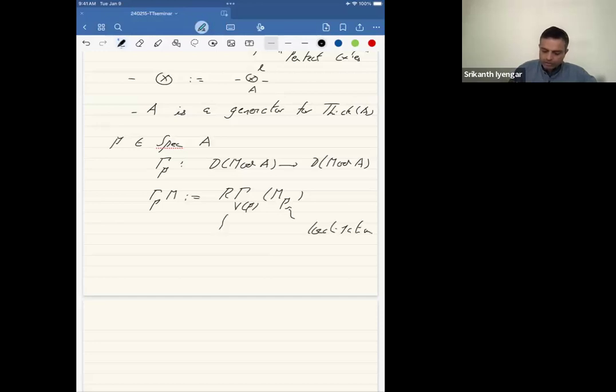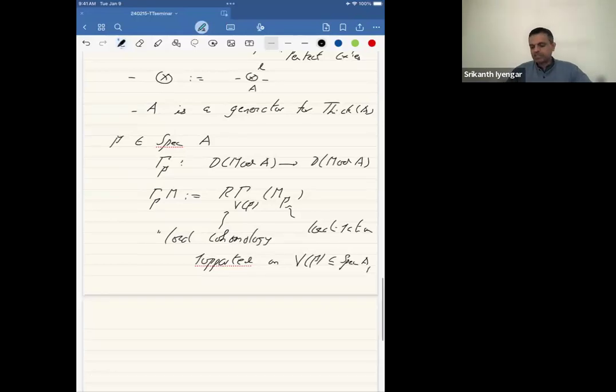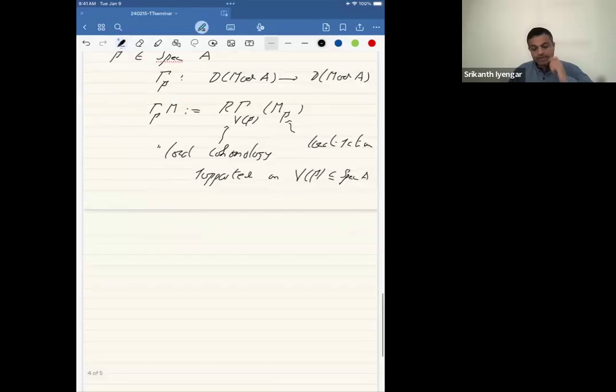And this is local cohomology supported on the closed subset, the functor that represents local cohomology supported on the closed subset. In fact, because I've already localized, you're just looking at the spectrum of A localized at P. So I'm just looking at what is supported at the prime ideal P.